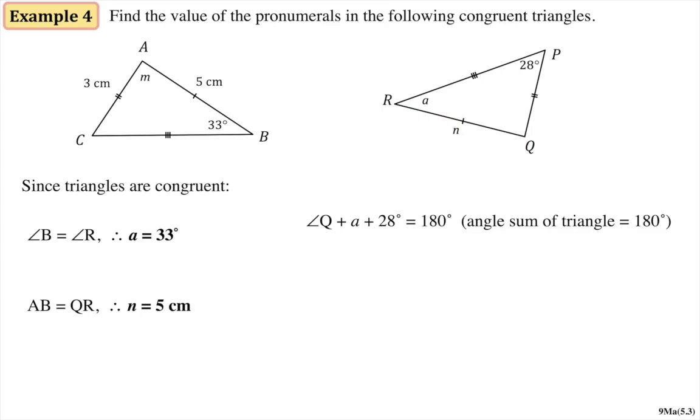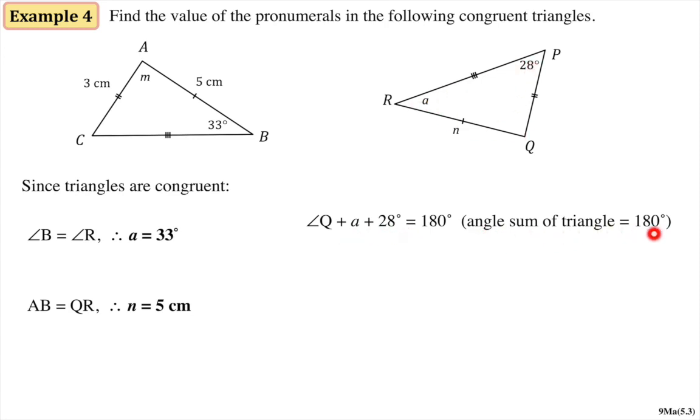Now, I also know, because each of these triangles are the same, there's 3 angles, and they have to have the 3 same angles in them, they'll add up to 180. So if I went to, say, the triangle on the right, I could have chosen the one on the left, I chose the one on the right. The angle at Q plus A plus 28 degrees has to add to 180 degrees.